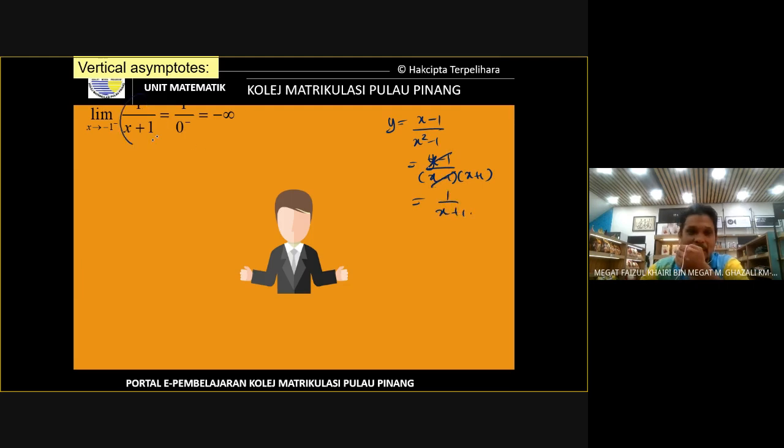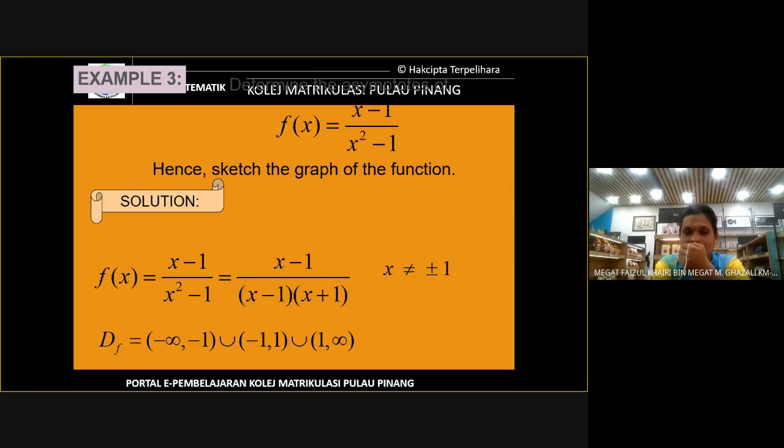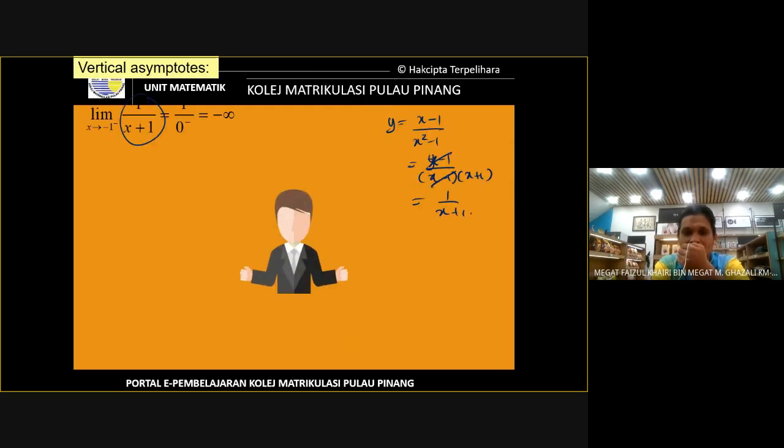That's why what I did just now, actually we can simplify this as 1 over x plus 1. But then I deliberately wrote it out in full, and then we simplified this one here, 1 over x plus 1, for x approaching negative 1 from left and right here.